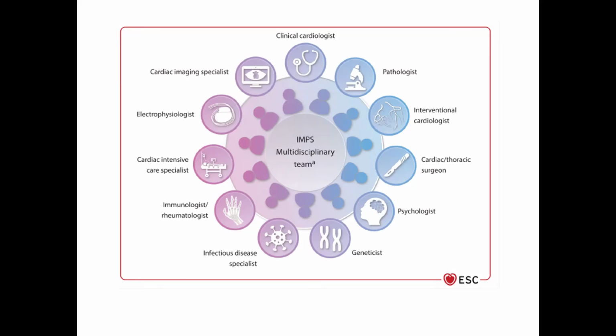It can involve cardiac intensive care specialists if patients have cardiac tamponade or fulminant myocarditis with cardiogenic shock needing support devices. It can involve electrophysiologists and cardiac imaging specialists. So inflammatory myopericardial syndrome is quite a big thing, the presentation can be quite diverse, and it can involve different specialties.